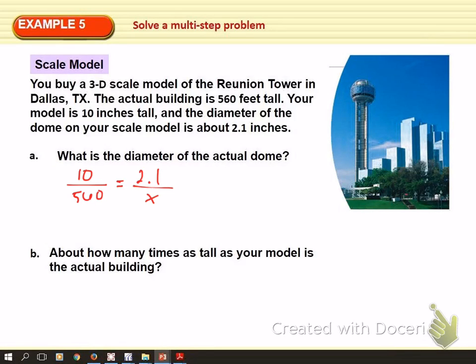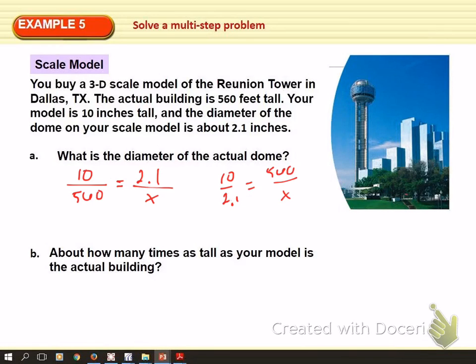I had some people today say they wanted to go 10 to 2.1 because that's inches to inches, and we're going height to dome. So that means my next ratio for the actual tower needs to go height to dome. And then you can cross multiply and solve.